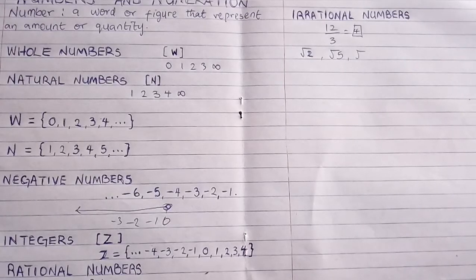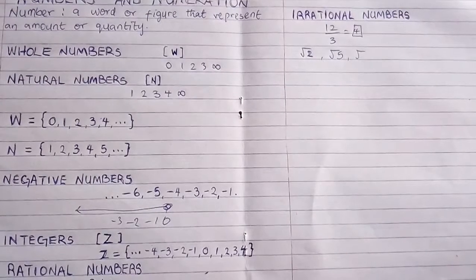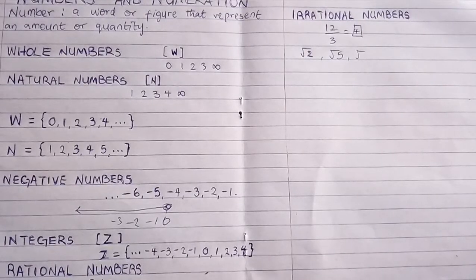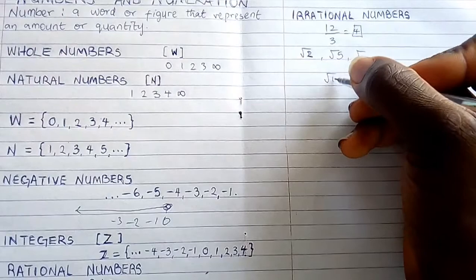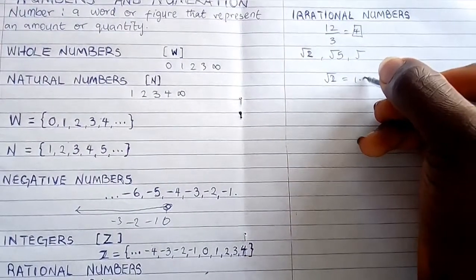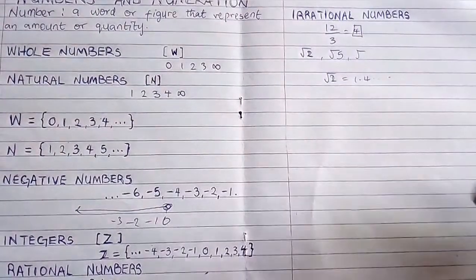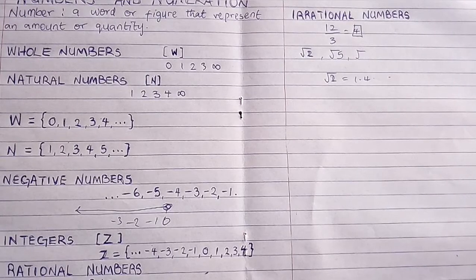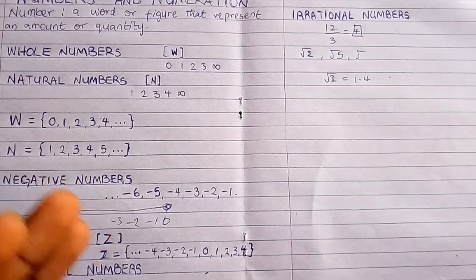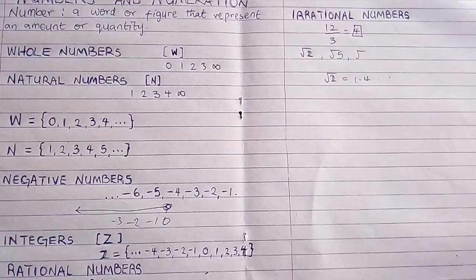The thing I want you to notice is that with irrational numbers, when you get the quotient, you cannot exactly convert it back to the integers. Like root 2, when you press it in your calculator, it gives us something like 1.4 something. So when you try to convert back, it can't give you the exact value. So irrational numbers cannot form fractions. This one is a little bit funny. The combination of all these numbers you have treated, when you combine them, gives you the next classification, which is the real numbers.